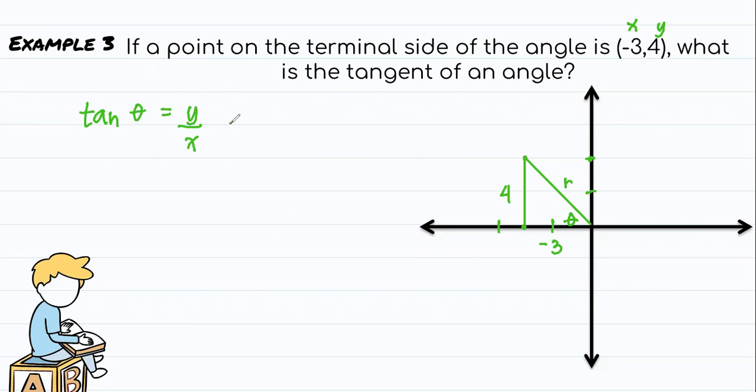So our value for y is positive 4 and the value of our x is negative 3. Since we could not simplify this already, our answer is negative 4 over 3. The tangent theta is equal to negative 4 over 3.